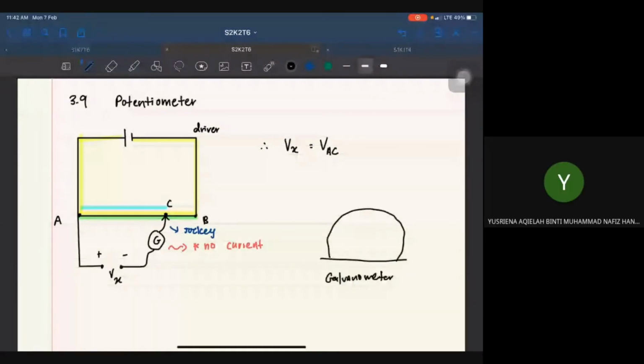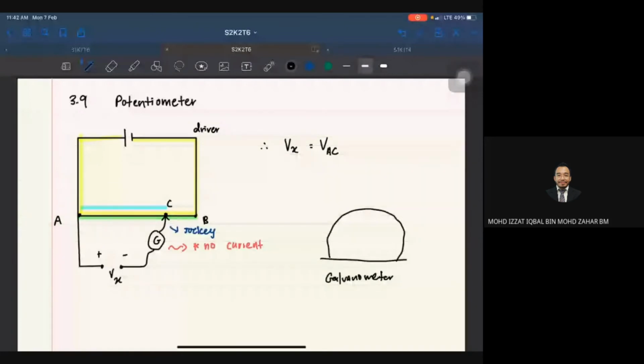Ammeter untuk ukur arus elektrik. Okay, galvanometer? Untuk ukur kewujudan arus. Okay, betul. So actually, dua-dua untuk ukur current. Cuma galvanometer ni kelebihan dia, dia boleh ukur direction of current. So in a way betul lah yang kamu cakap tu.